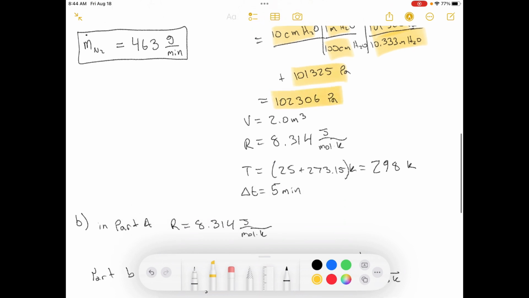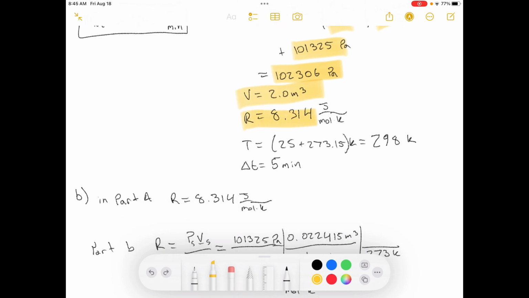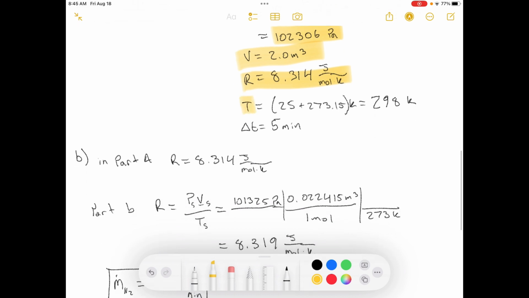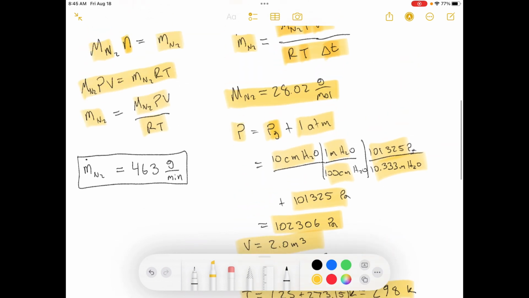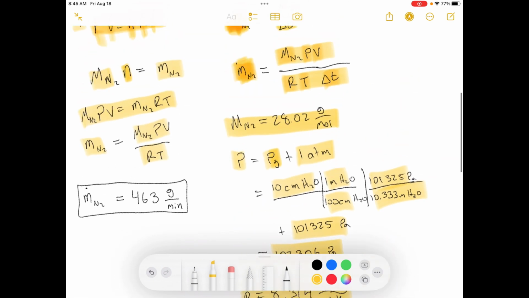And that gives you this many pascals for the pressure. This was given to us in usable units. And this is the gas constant. And this is the temperature in absolute scale, Kelvin. And then we have our time in minutes. We plug all those numbers into our equation right here, and we get that the mass flow rate is this.